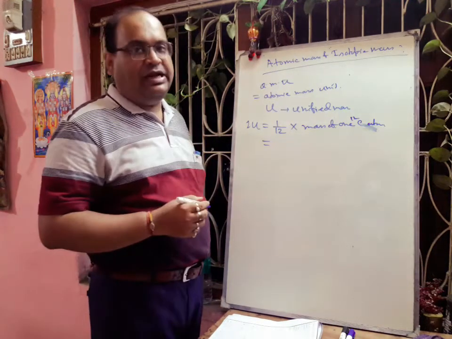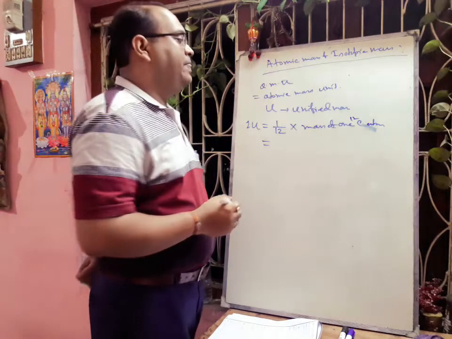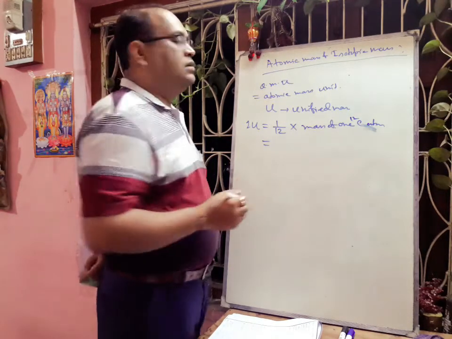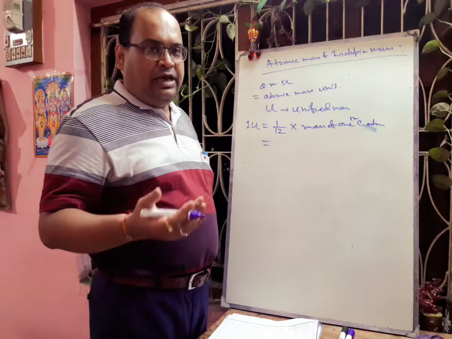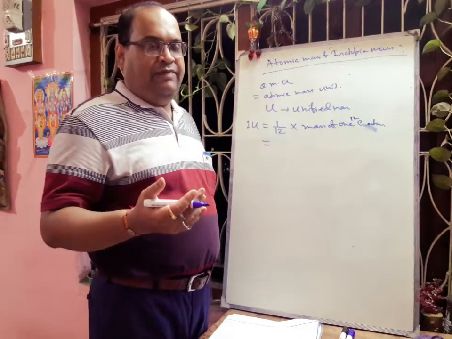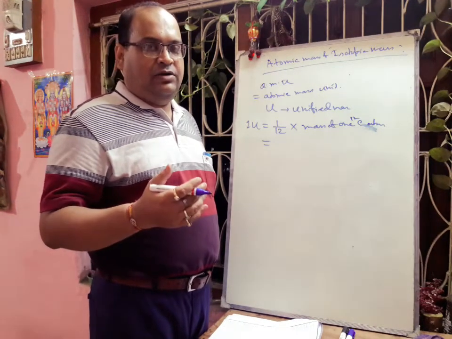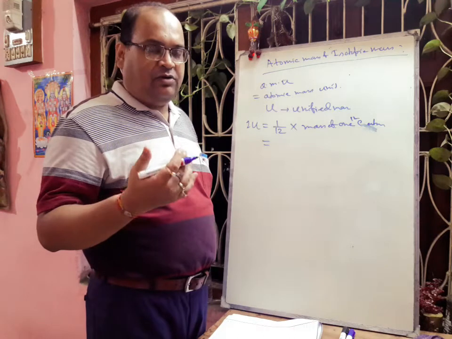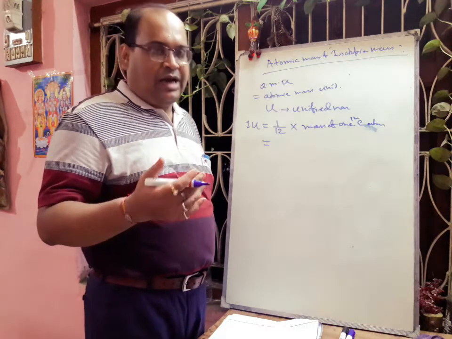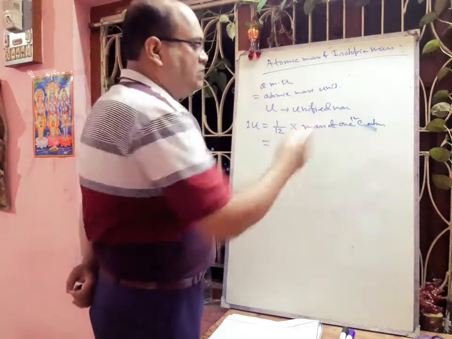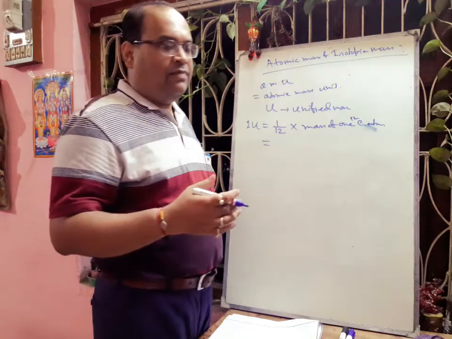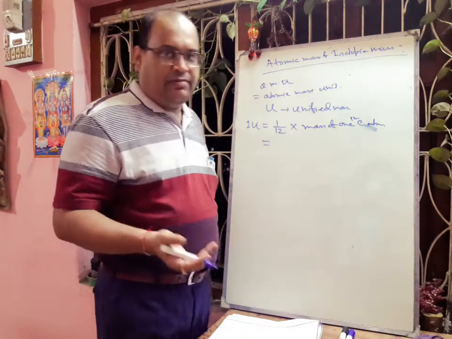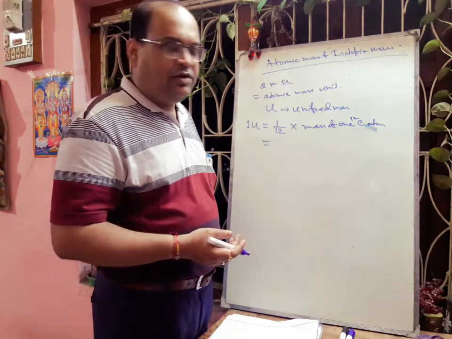So if we calculate, we know that 12 AMU or 12 gram of carbon in case of C12, the total number of atoms will be the Avogadro number, 6.023 into 10 to the power 23.